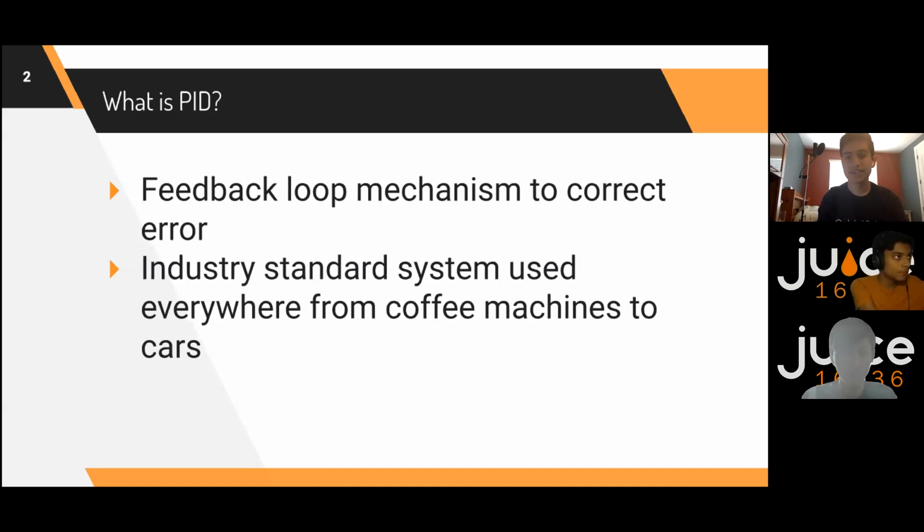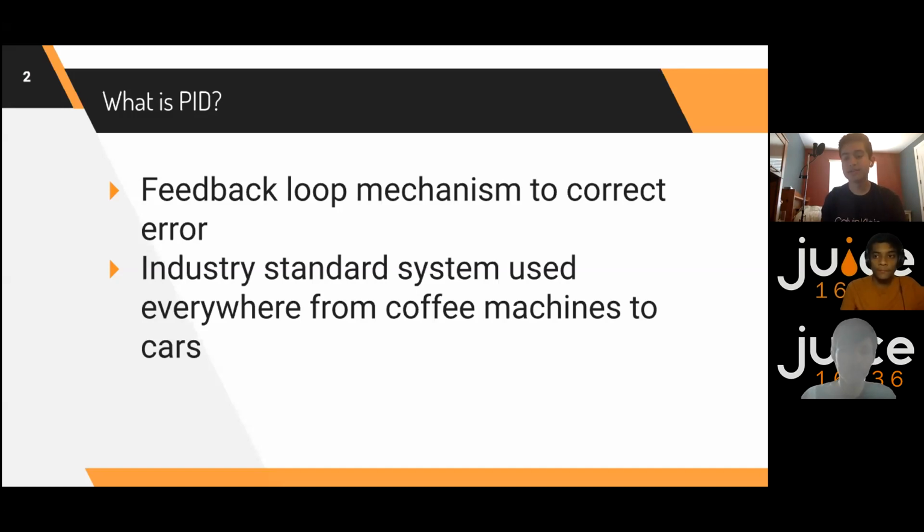And PID isn't just in robotics, it's an industry standard system. It's used in a variety of things that you wouldn't necessarily think would need error correction. For example, in a coffee machine, when you're brewing coffee, you have to brew it at a certain temperature, right? PID allows the coffee machine to make sure it gets to the temperature that you want and that it maintains that temperature when you brew.